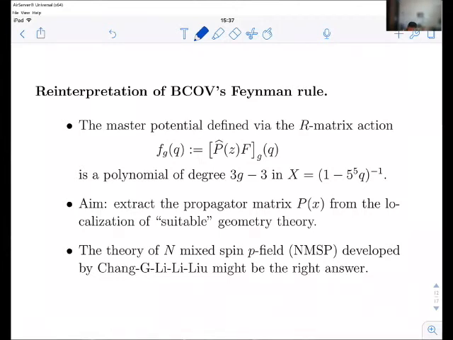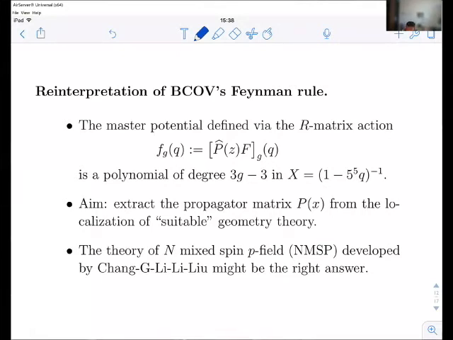The BCOV's Feynman rule means that this is a degree 3g minus 3 polynomial in some rational functions in Q. And our aim is to find what we call the propagator matrix P from some suitable localization of some suitable geometric theory.